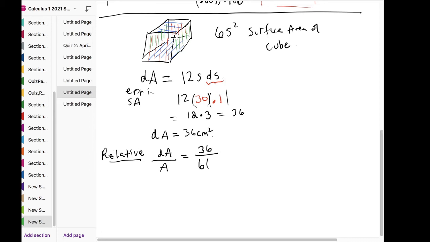So it's 6 times 30 squared. Okay, this divides, so it's 6 over 900. Divide by 3, 300. So 1 over 150. So what's the percent error?